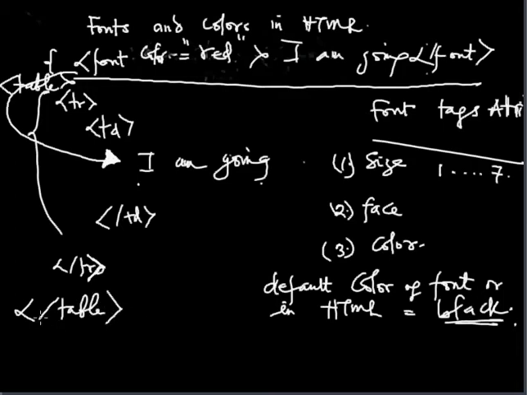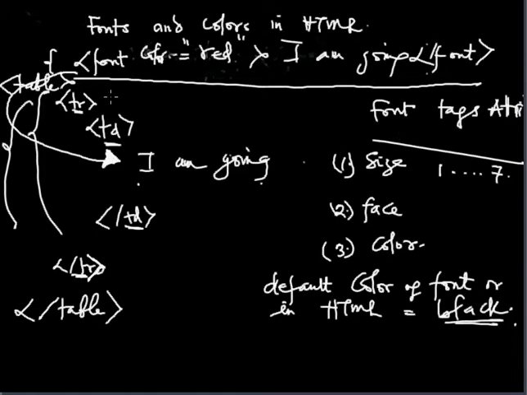The reason why this table is needed here is because this is table row, this is table data, this is table data closed, this is table row closed. So I'm just using it as a snapshot of what you expect to get in normal HTML.